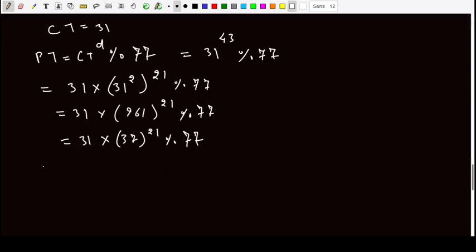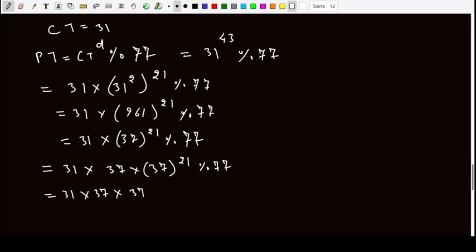Anyway, so 31, now again the same thing. We can say that this is 37 into 37 to the power 20 modulo 77. So this is 31 into 37 into 37 square. I'm so sorry, this is 20, right? 1 I have taken out. Modulo 77.